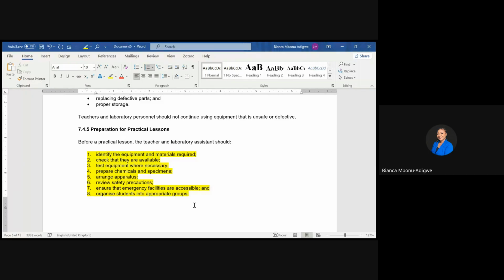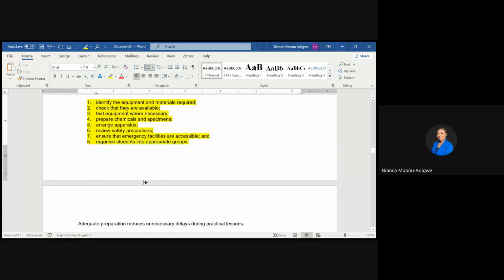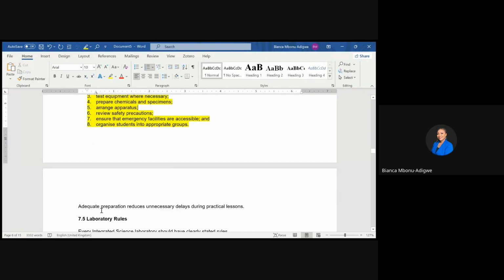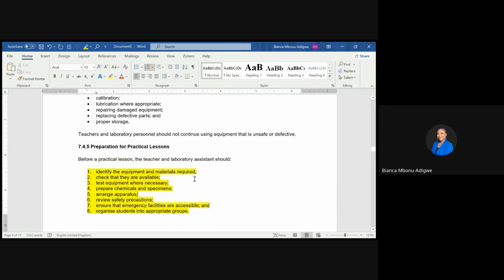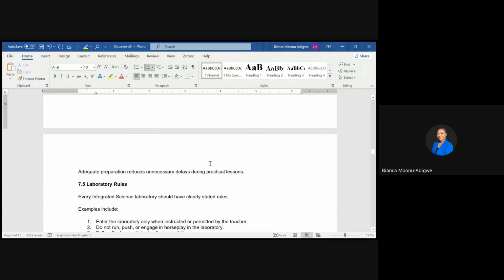If you don't have an assistant, your job is to identify the equipment and the materials that are required, check that they are available, test the equipment where necessary, prepare the chemicals, arrange apparatus, everything that you need to do. This is going to help you to prevent and reduce unnecessary delays during practical lessons. That is the job of a teacher and a laboratory assistant.